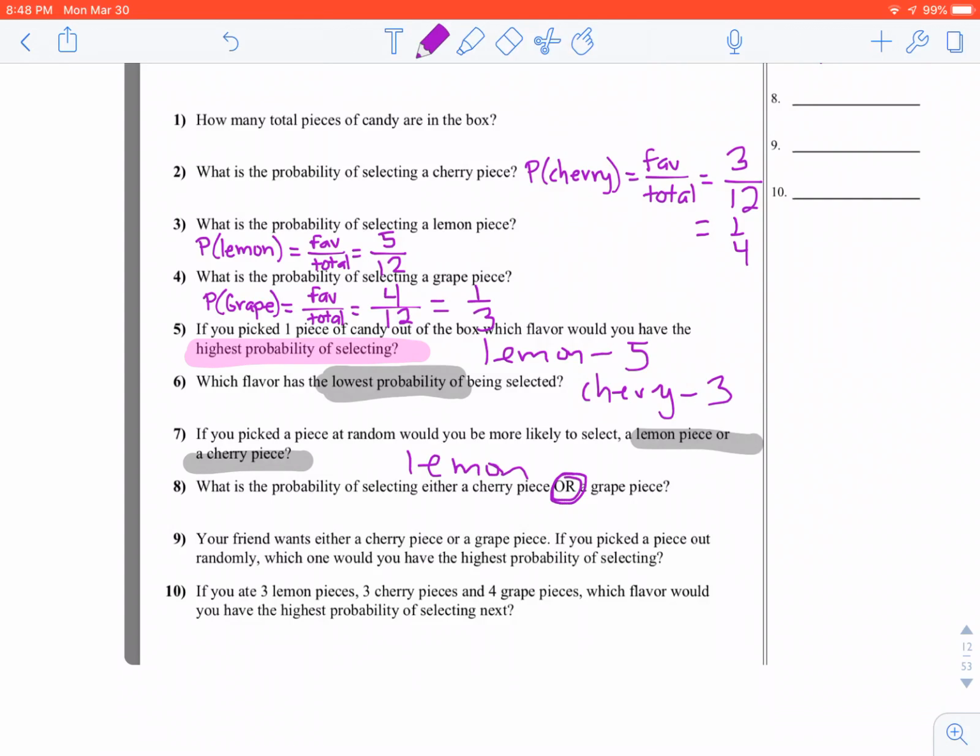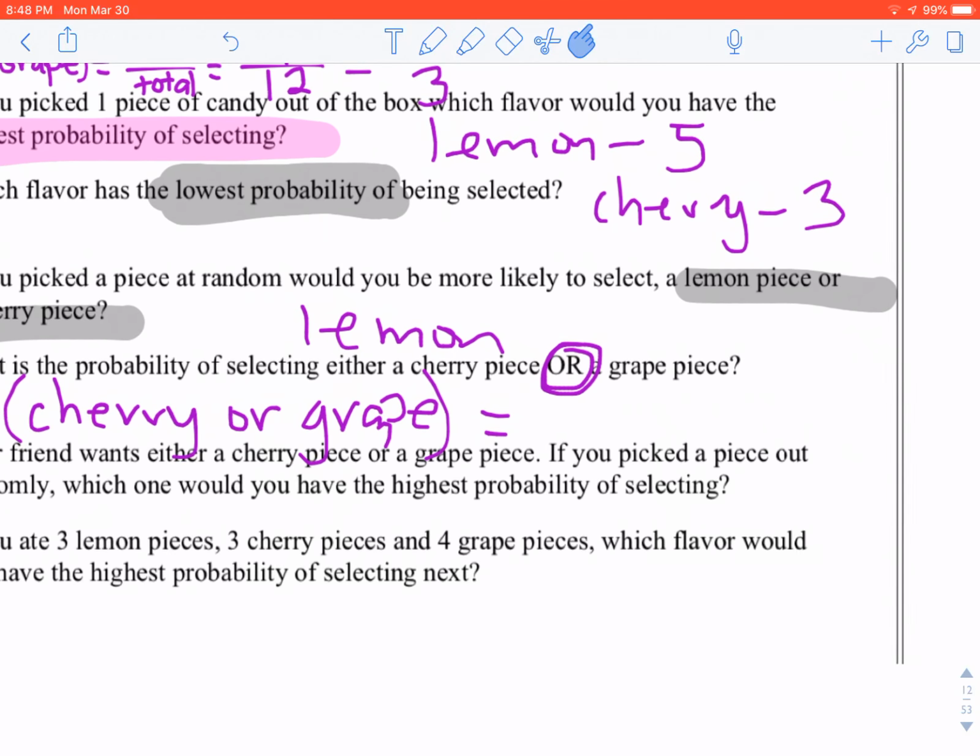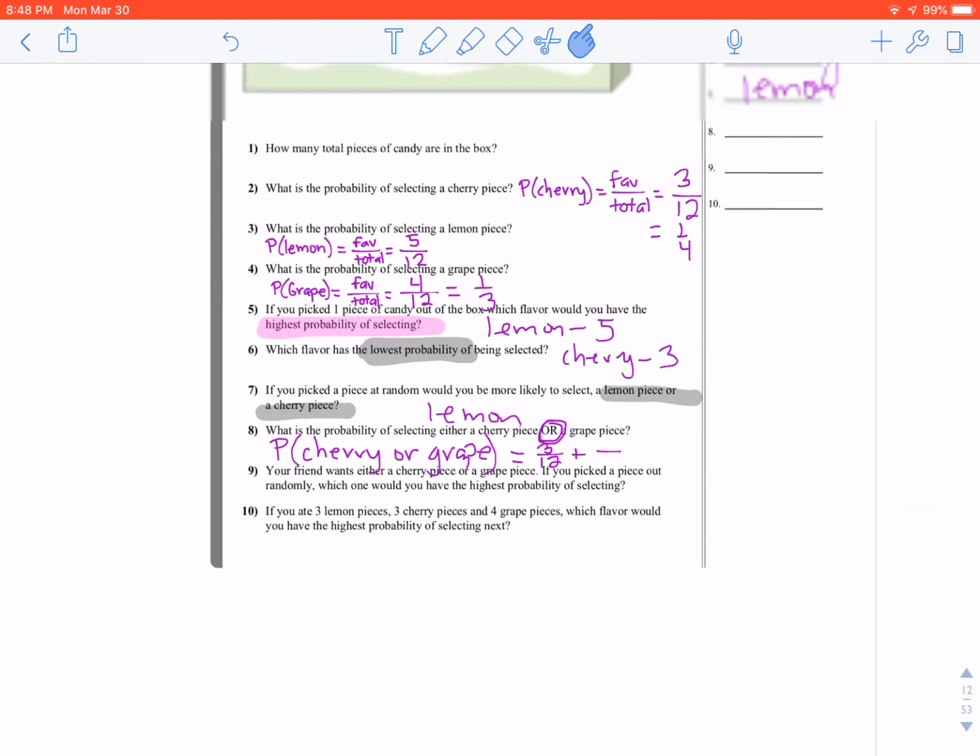So we are going to find the probability of cherry or grape, and we are just going to add the fractions together. We know from our chart that we have 3 bars of candy that are cherry, so 3/12, plus we counted that our grape has 4.